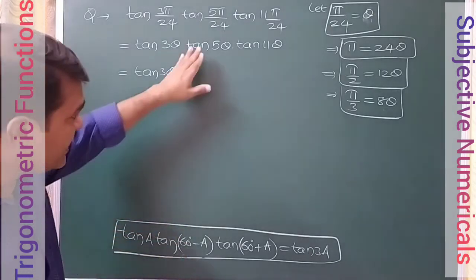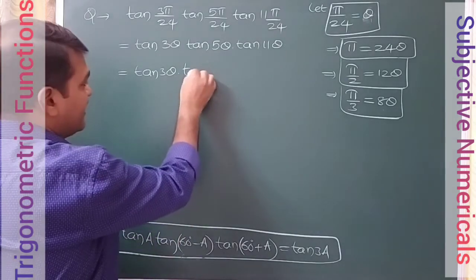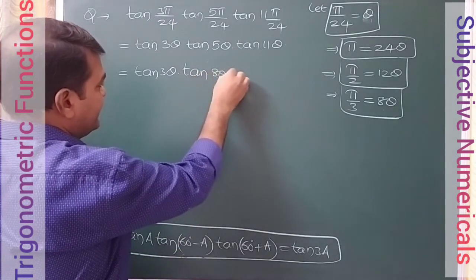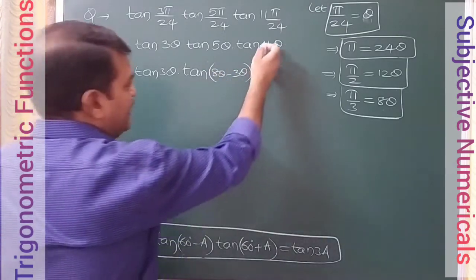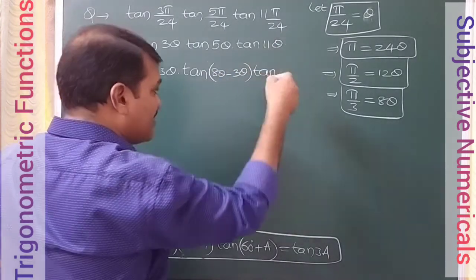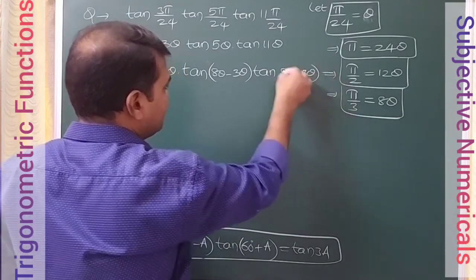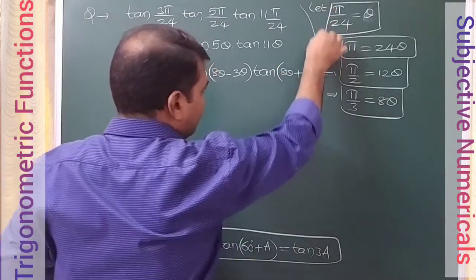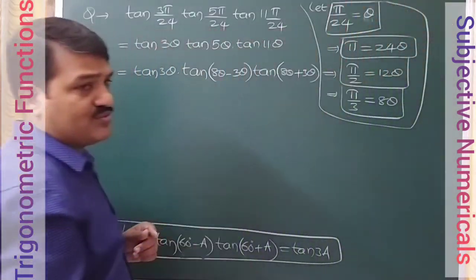I can write this as 8 theta minus 3 theta. Then the next one again in terms of 8 theta: 8 theta plus 3 theta. All these are reference angles for modification or simplification.